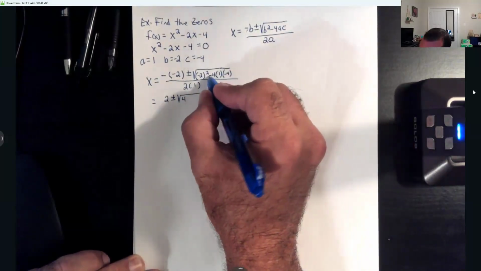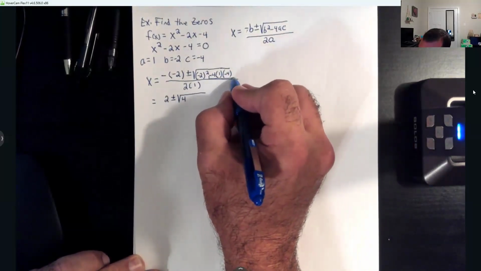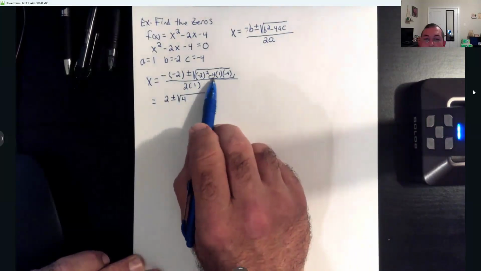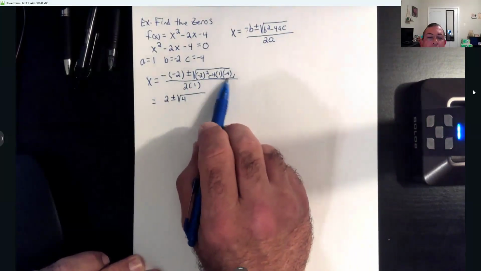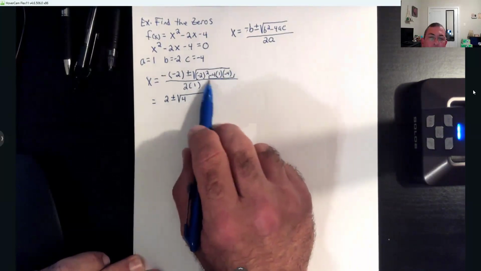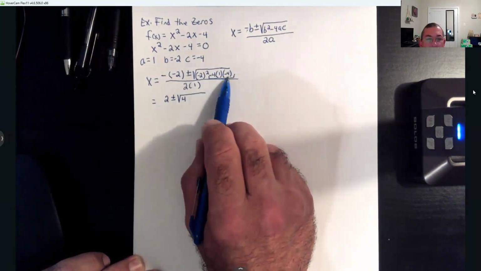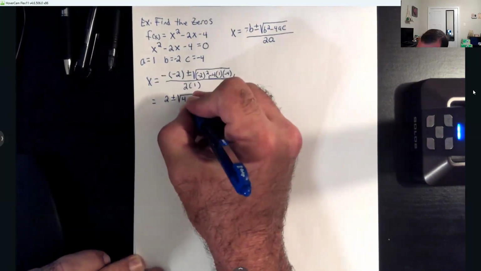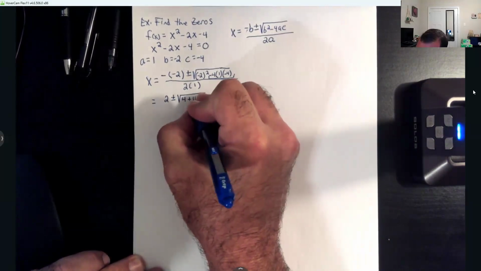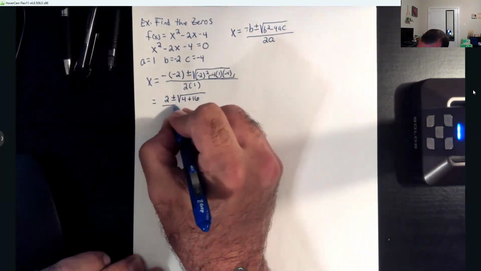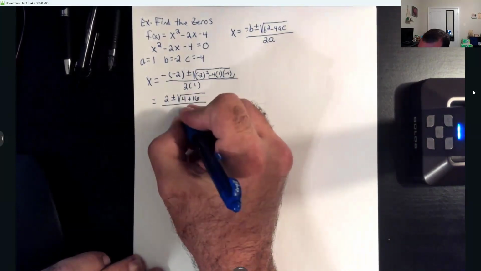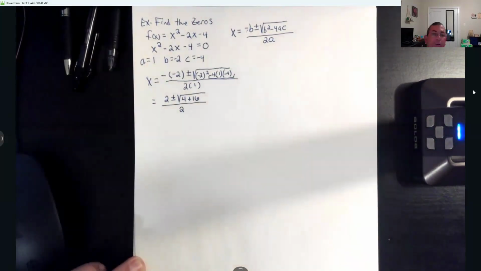Now, everything on this side over here, minus 4 times 1 times negative 4, all of this is being multiplied. So we got a negative 4 times 1, which is negative 4, times negative 4, which gives us a positive 16, all over 2 times 1, which is 2.